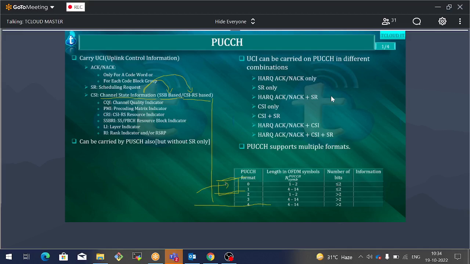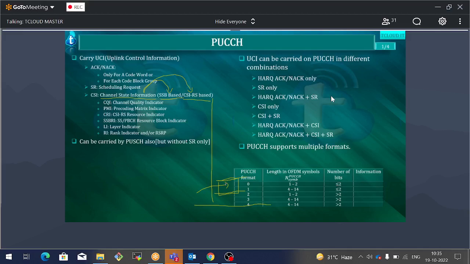The network can even ask mobile equipment to report CSI conditions for all the bandwidth parts, to find out which bandwidth part the mobile should be placed on. You can change that as well. So that kind of advantage would be there in CSI-RS, because it's specially designed to request one particular subscriber to send the CSI information.